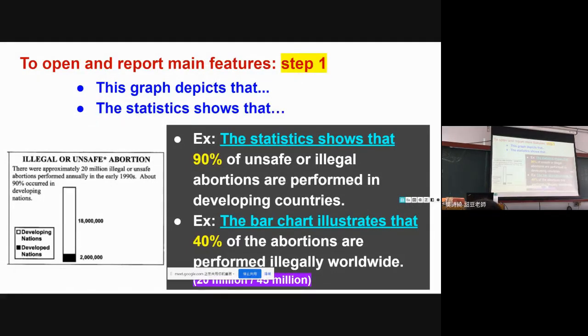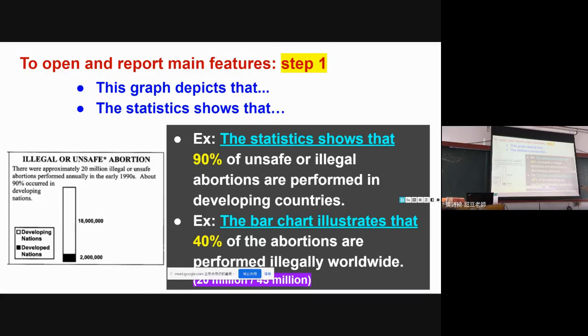Other than the majority or most of the cases, the easier way is to copy down the numbers given beside it. So the first one, would you please read out loud? The statistic shows that... go. The statistics show that 90% of illegal abortions are performed in developing countries.